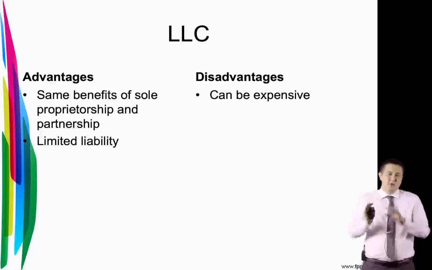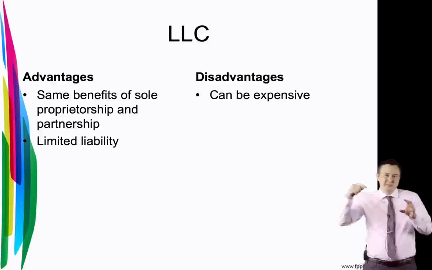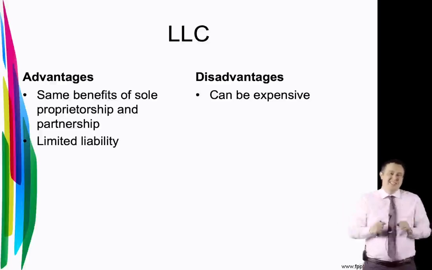Same thing with partnership. You'll have the same advantages as a partnership, but when you become an LLC partnership, you keep those advantages, but you eliminate the unlimited liability from your disadvantages as a partner. So that becomes your advantage. So unlimited becomes limited and becomes your advantage as an LLC.